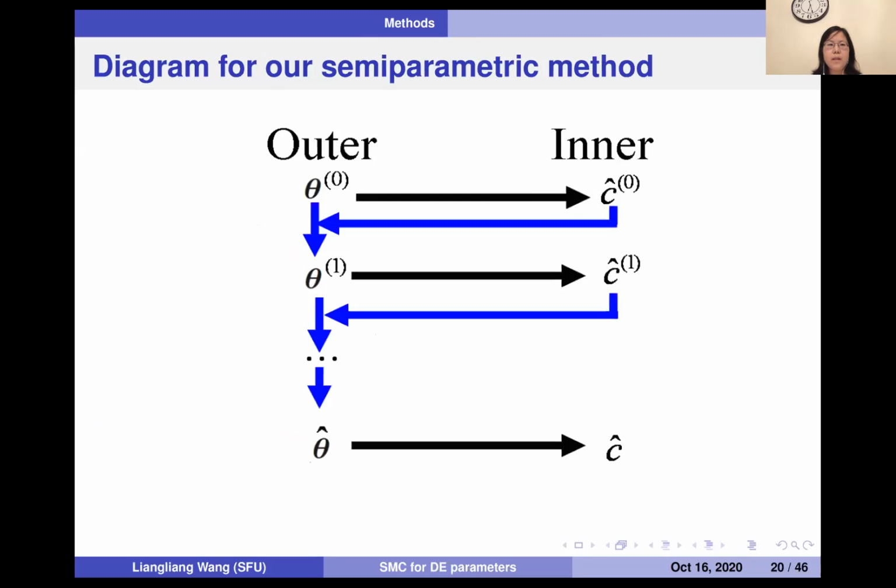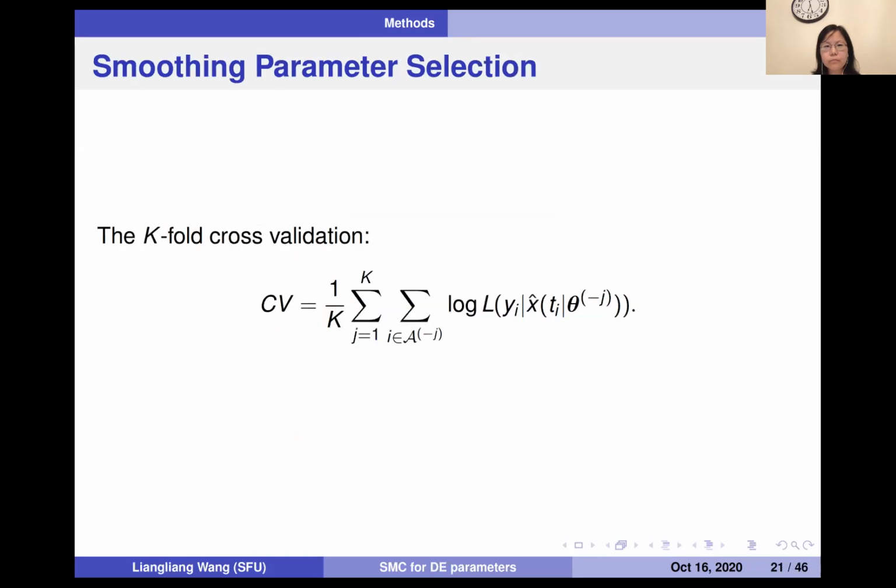So basically, this is a diagram of the estimating procedure. It's a nested optimization. The smoothing parameter was estimated using the k-fold cross validation method.